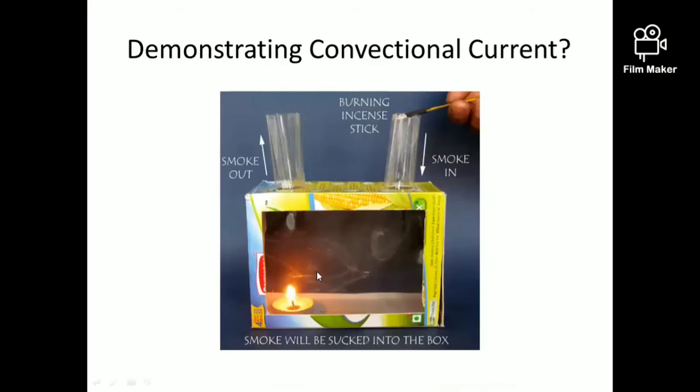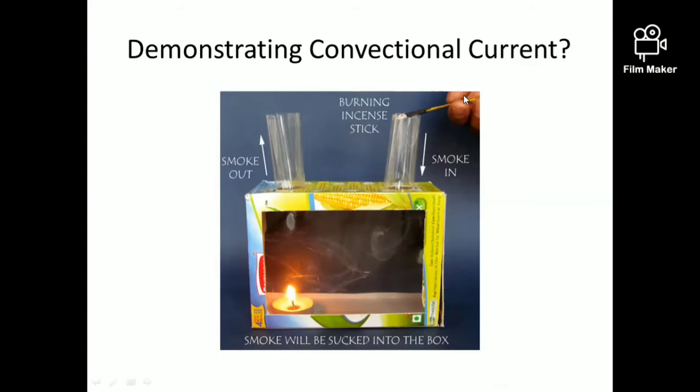This is another experiment to show a convectional current very easily in our classroom. We can get a small box, cover it, and put a small transparent sheet over here. Then we fix some holes over here and light a small candle at this place.